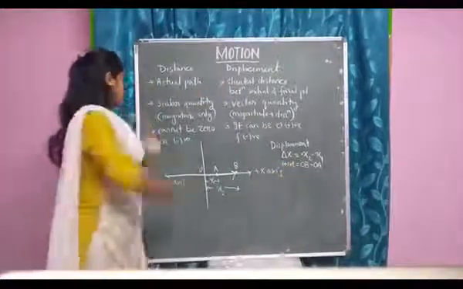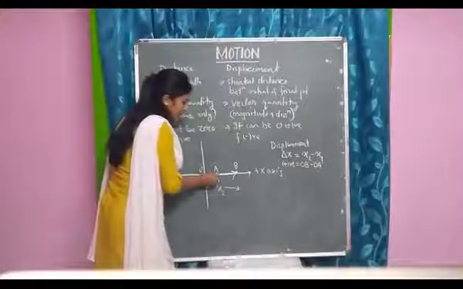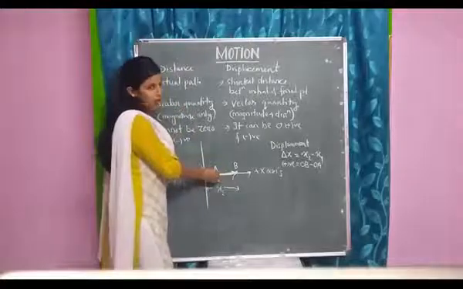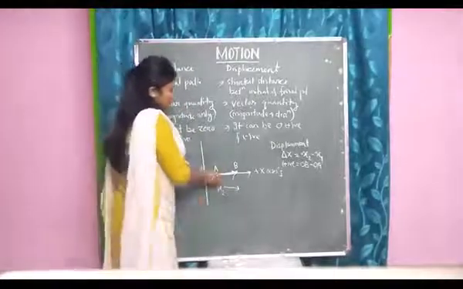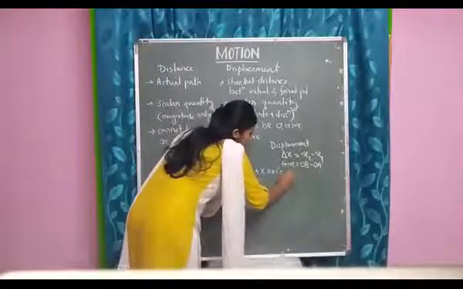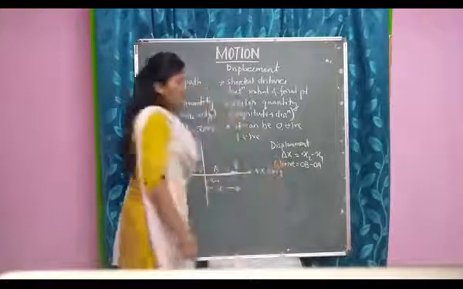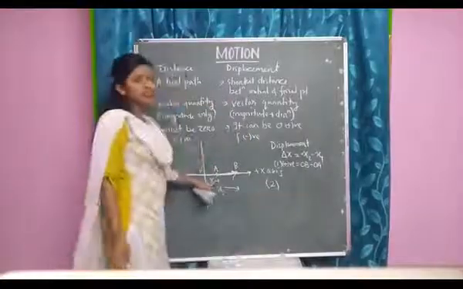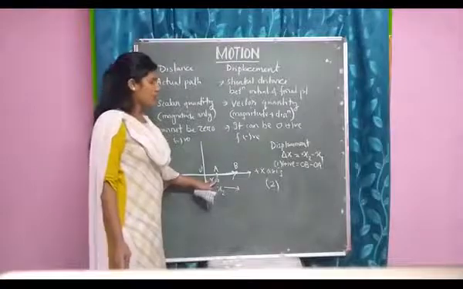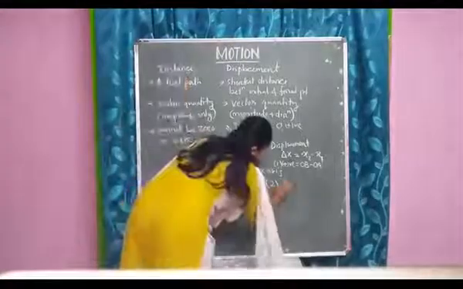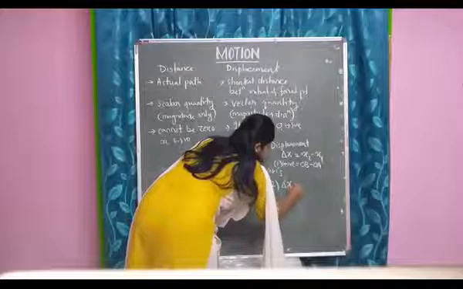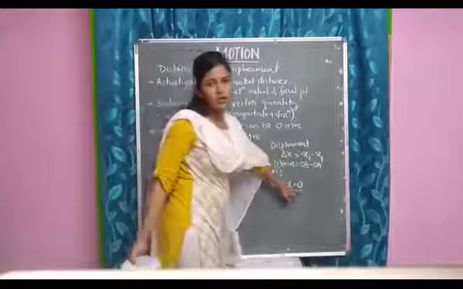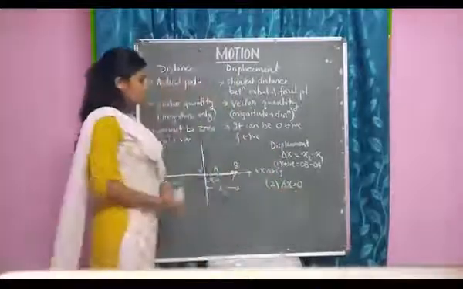Suppose the body starts from point A, goes to point B and returns back to point A, then the displacement will be 0. This is the second case: del x equals 0 if the initial position equals the final position.